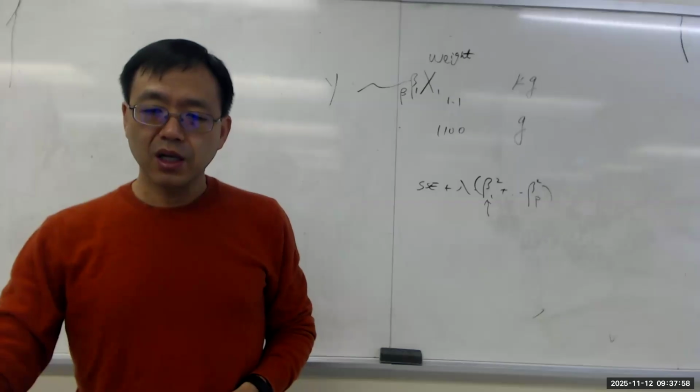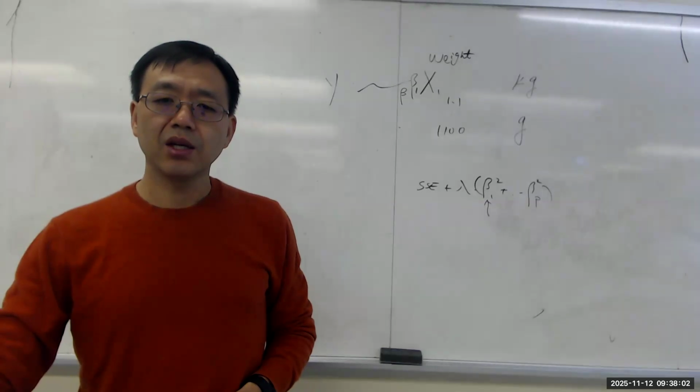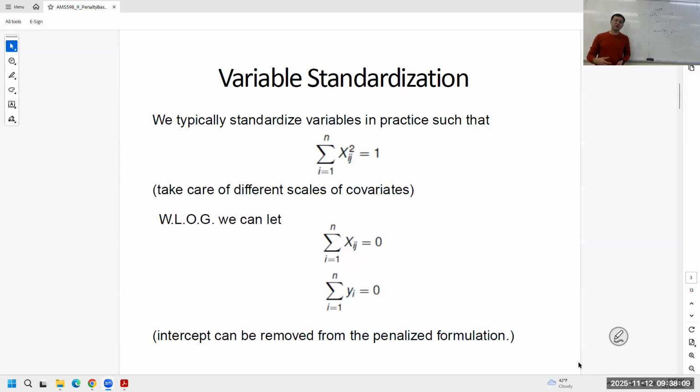We want the penalization on the beta to be more scale free. So therefore, for penalized methods, typically we have to do so-called variable standardization. We need to standardize the variable into some standard form.